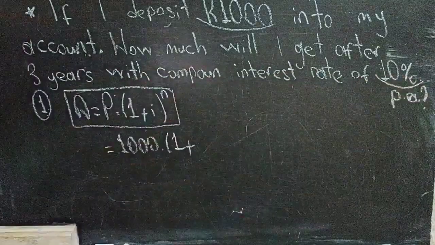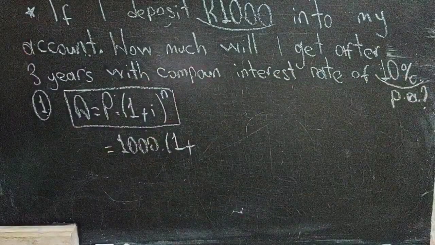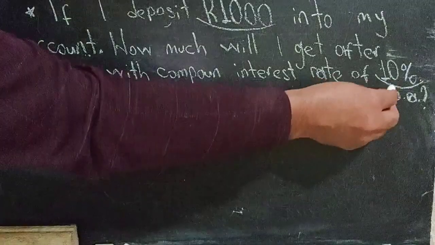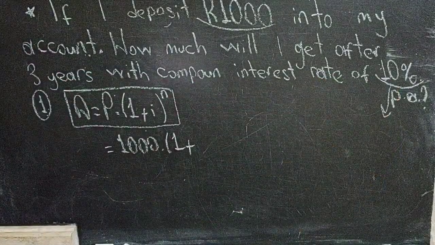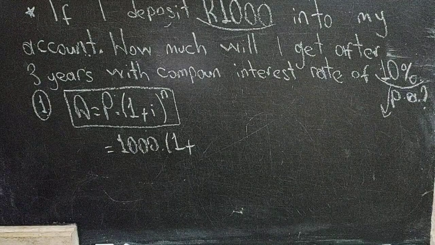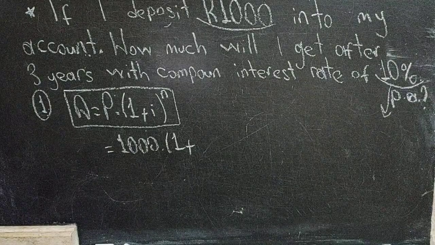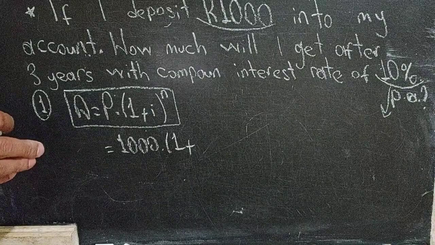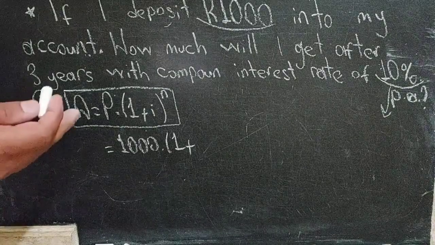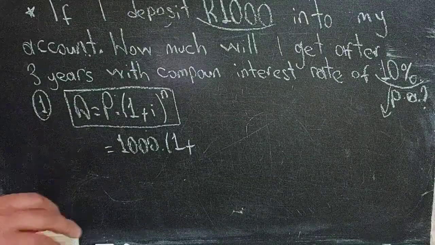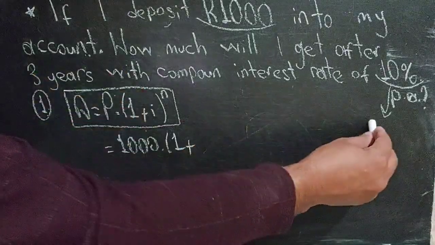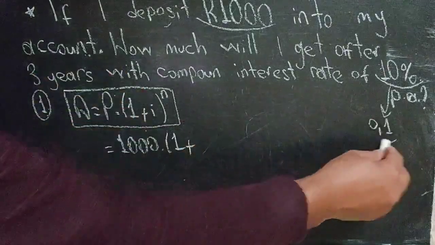The important thing is that you need to convert this into a decimal number or fraction. You should convert to decimal number because you are allowed to use calculator, and it is easier to use decimal number in calculator. So 10% is going to be 0.1.